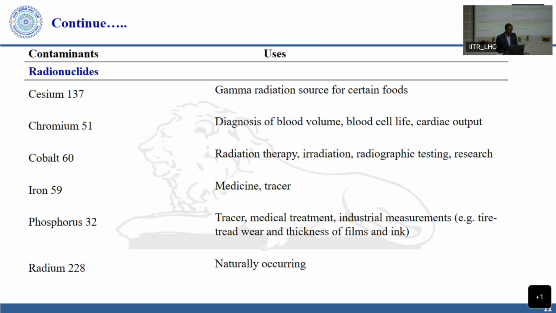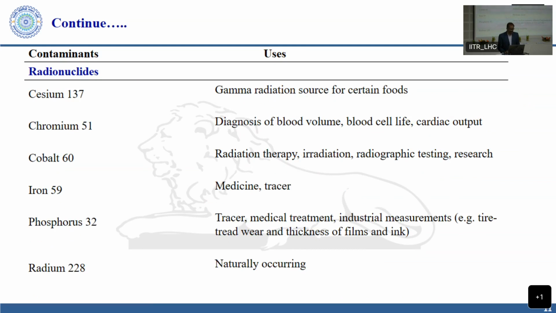You can see here the radionuclides. Cesium is a gamma radiation source for certain foods. Chromium 51 is used for diagnosis of blood volume and blood cell life. Cobalt 60 is used for radiation therapy, radiographic testing, and research. Iron 59 is used for medicine, as a tracer.